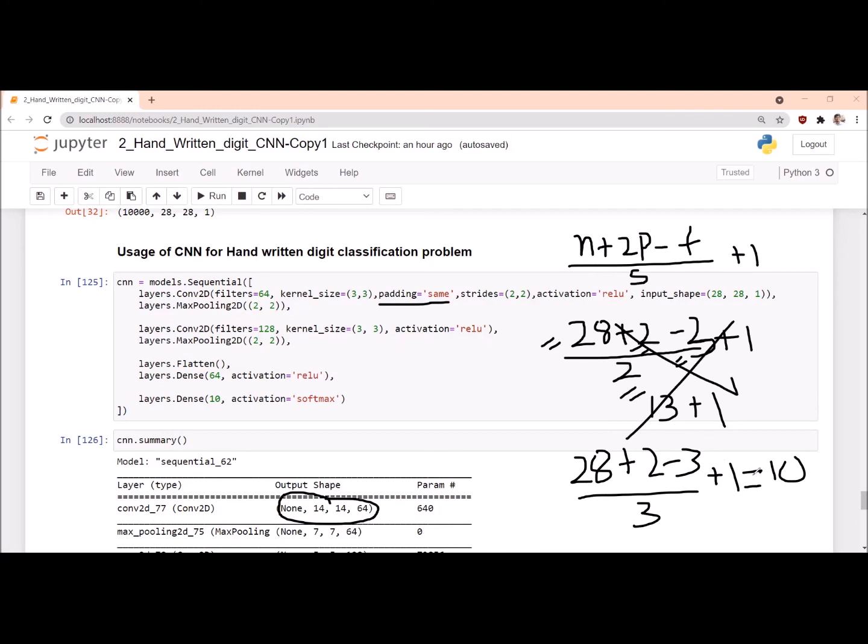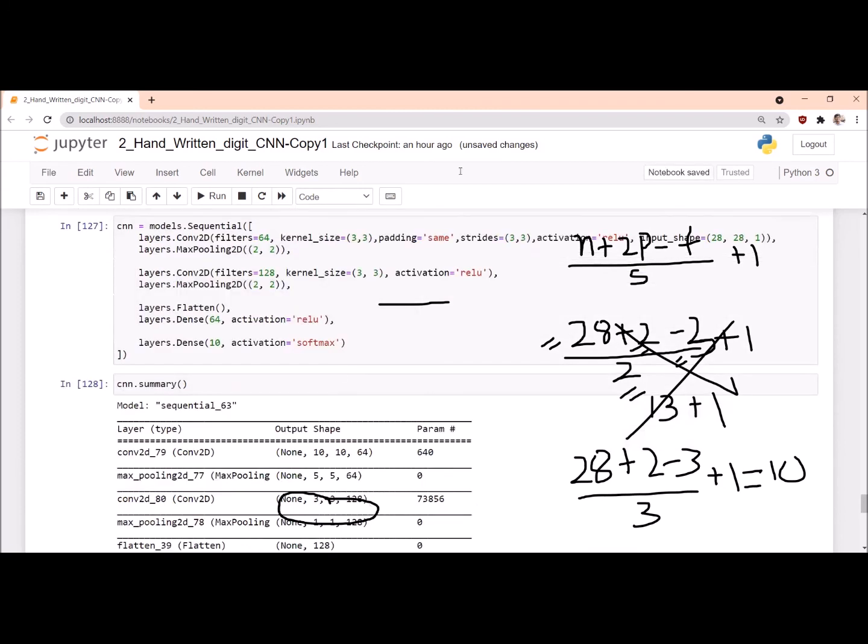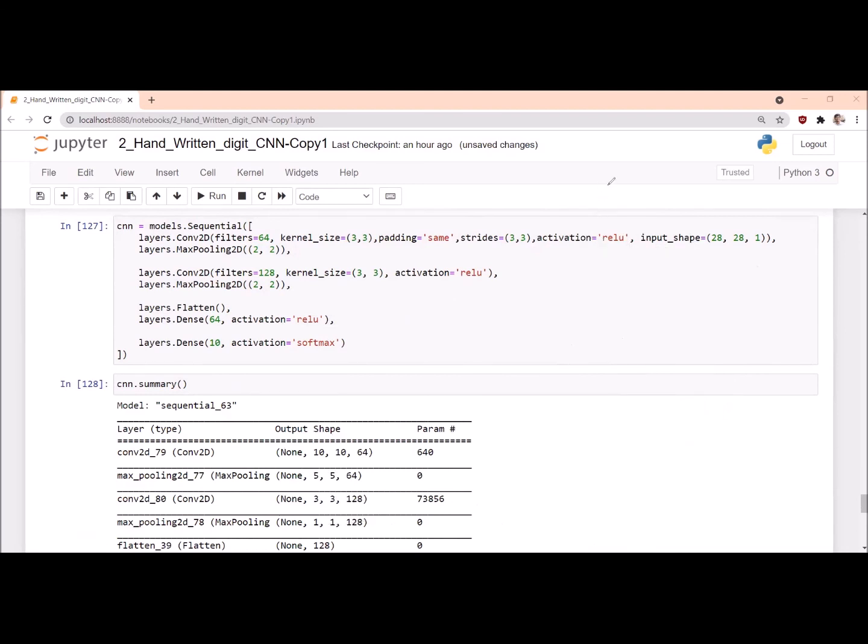So in this case, it will become 10. We will check. I'm changing the stride to 3 by 3 and executing this one. Now you observe, this is 10 by 10 as we got the result 10. So the feature map is 10 by 10 and we have 64 such feature maps.